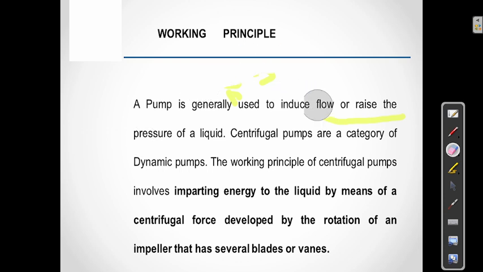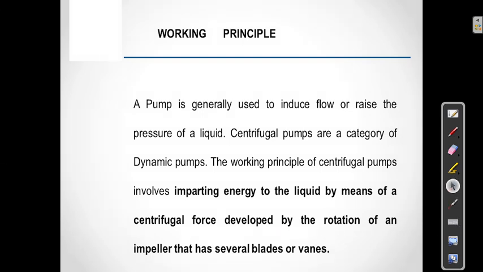Centrifugal pumps are a category of dynamic pumps. The main working principle of the centrifugal pump involves imparting energy to the liquid by means of centrifugal force developed by the rotation of the impeller, which has several blades or vanes. See how the pressure builds up with the help of the impeller blade.